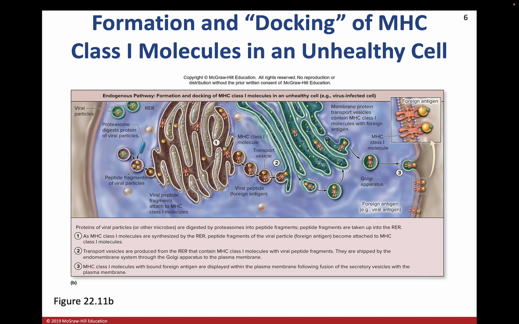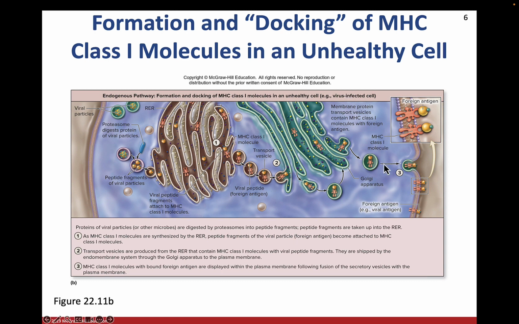Remember, MHC class I molecules are synthesized within the rough endoplasmic reticulum. As we saw previously, a transport vesicle is going to be formed, and that contains both the MHC class I molecule and the viral peptide fragments. They are going to be shipped through the Golgi apparatus and eventually to the plasma membrane.